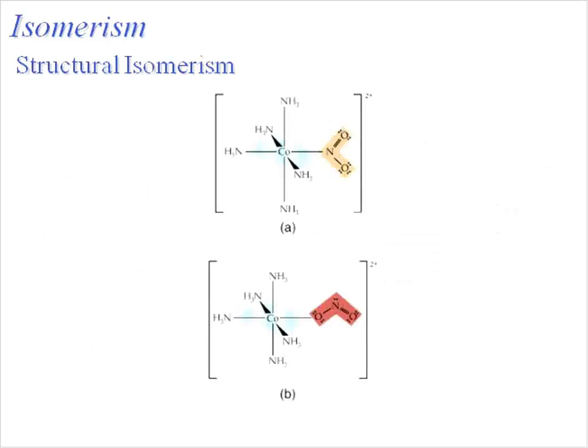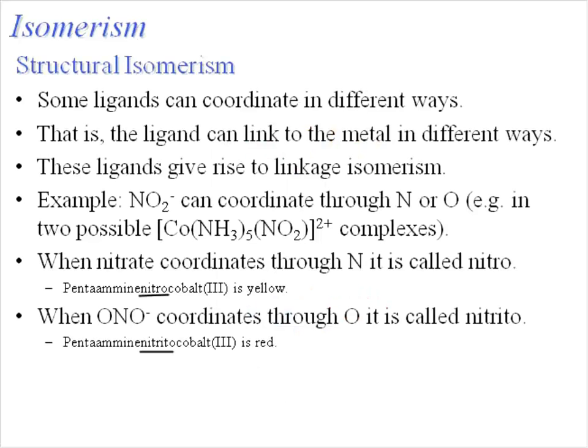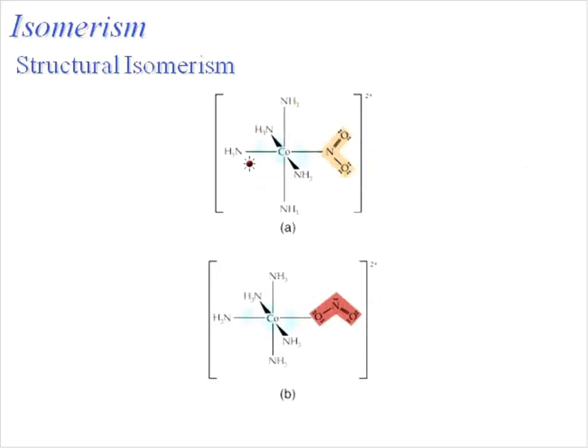Look at this cobalt connected to 5 amines. One point, so that 1 point which is left, the 6th one, it connects via nitrogen, it connects via oxygen.